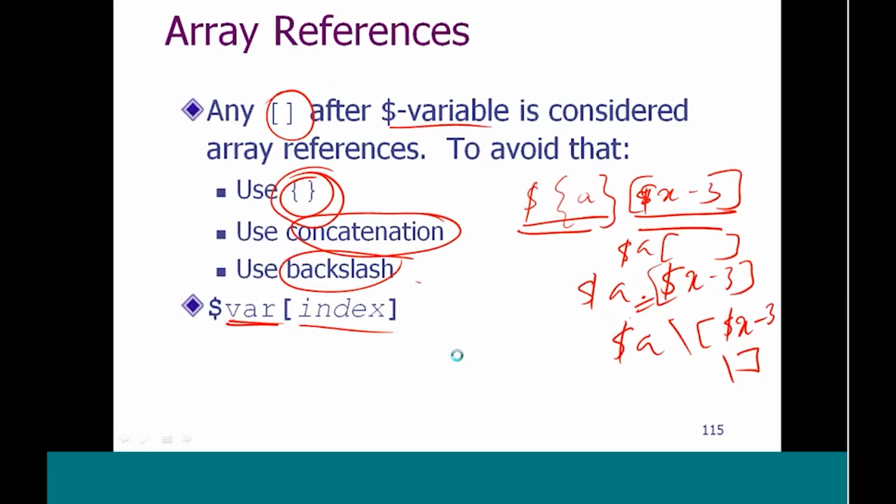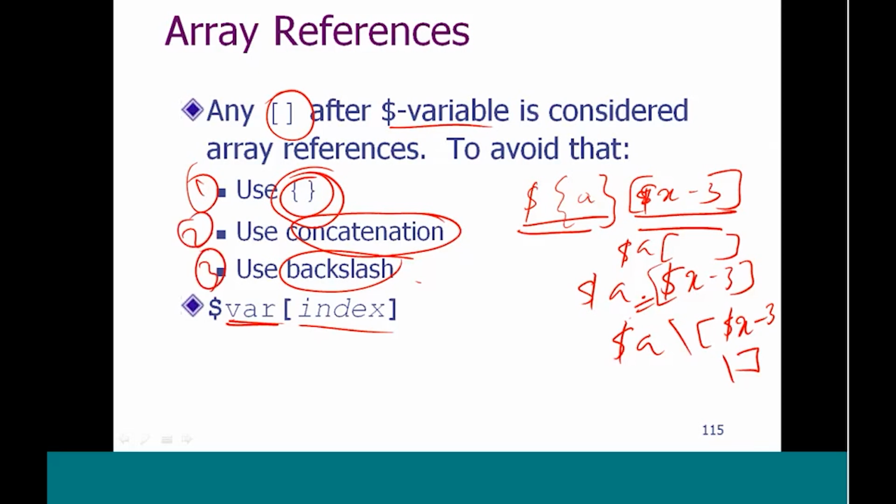Once we have the array reference itself, how do we distinguish between an array reference and a non-array variable? There are 3 ways to distinguish that, described here as 1, 2 and 3.